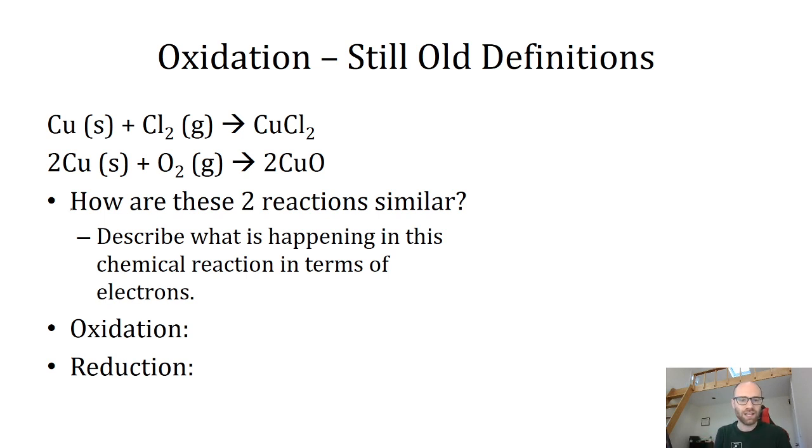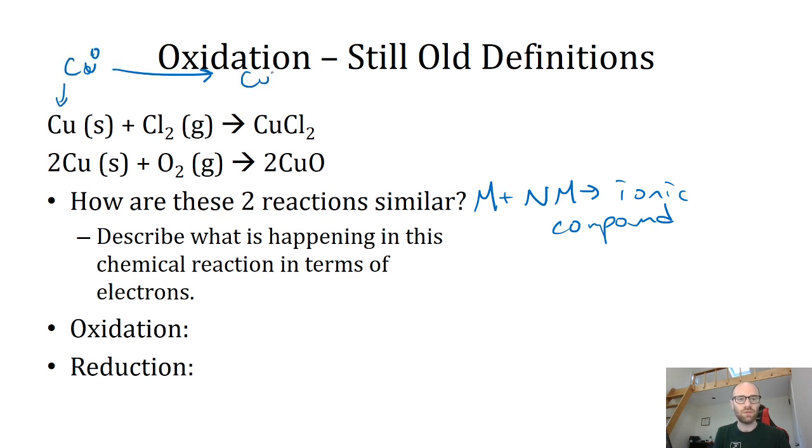Now, to look at this, these two reactions are similar. In the process of making an ionic compound, this goes from a neutral atom to a copper ion, and this goes from a neutral atom in a covalent bond to a chloride ion, just as this becomes, from the swap rule, Cu2 plus and O2 minus. So we go from not being charged to being charged.